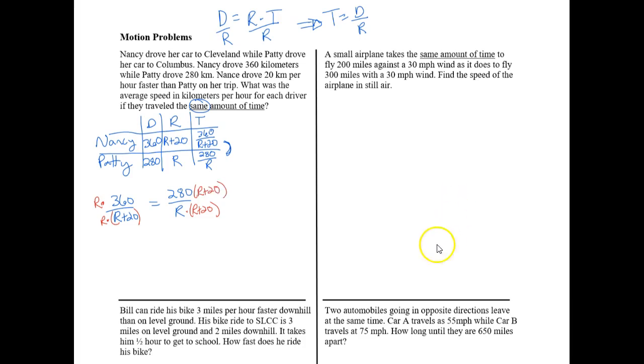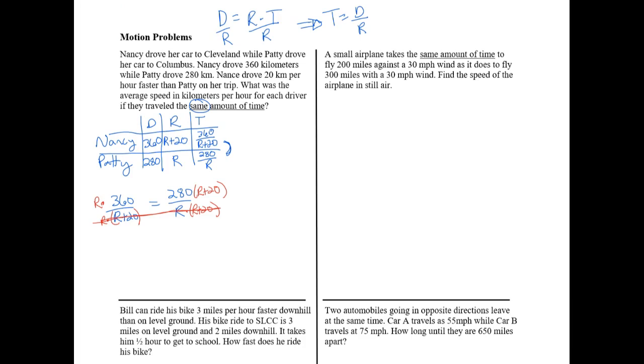And now again I have r plus 20, r plus 20. Once the denominators are the same, we can clear out those denominators by multiplying each side of the equation by the LCD. And this leaves us with only what's left in the numerator.